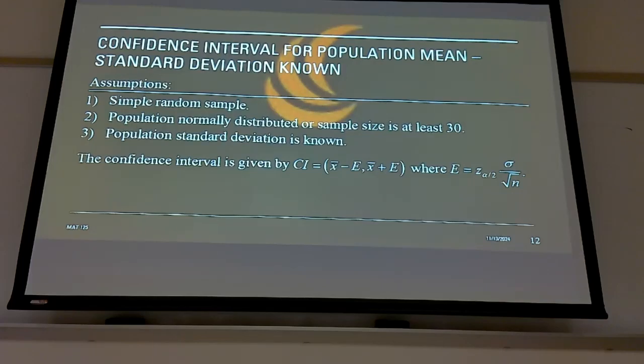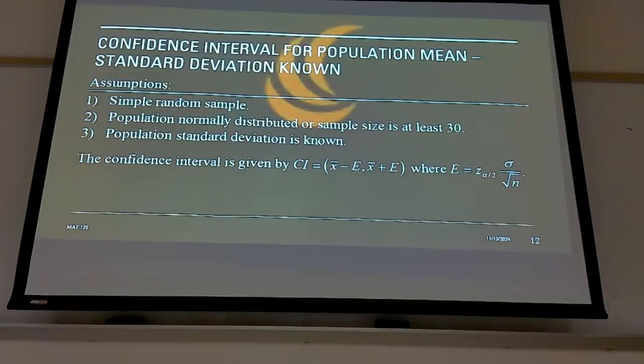Confidence interval: X bar minus E to X bar plus E. Remember, E is the margin of error. The margin of error is calculated as Z sub alpha over 2, the Z score of alpha over 2, times your population standard deviation divided by the square root of your sample size.